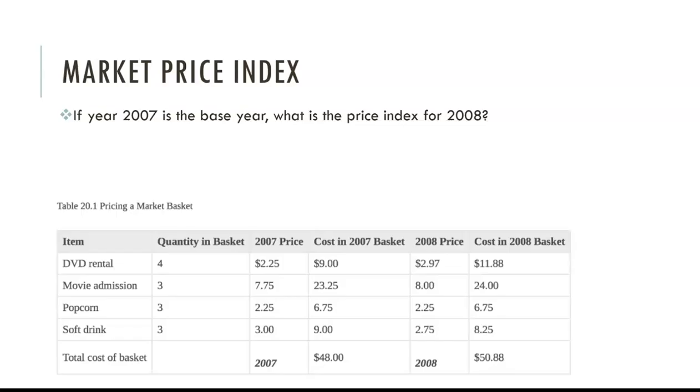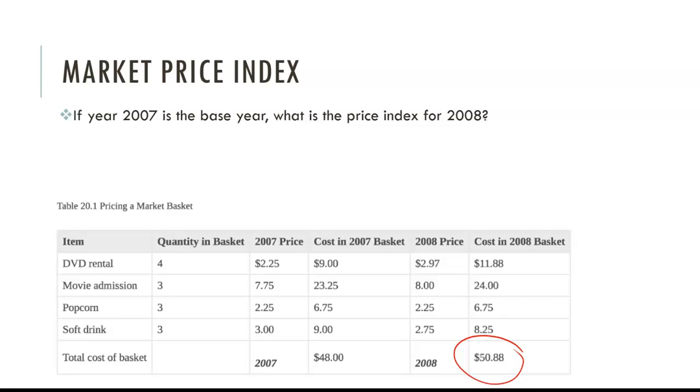We have a basket of goods in 2007 and a basket of goods in 2008. So if 2007 is the base year, what is our price index for 2008? Using 2008 prices, we calculate a value of this basket at $50.88. We have 4 things in this basket: DVD rentals, movie admission, popcorn, and soft drinks.